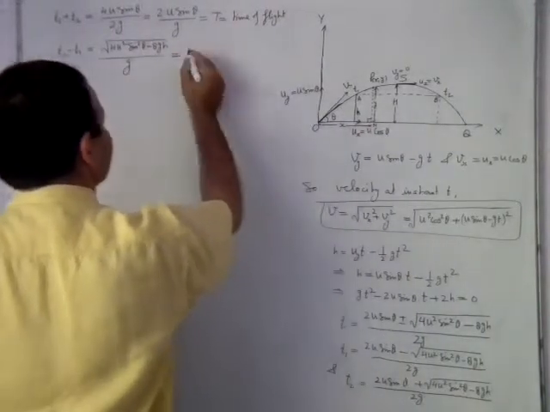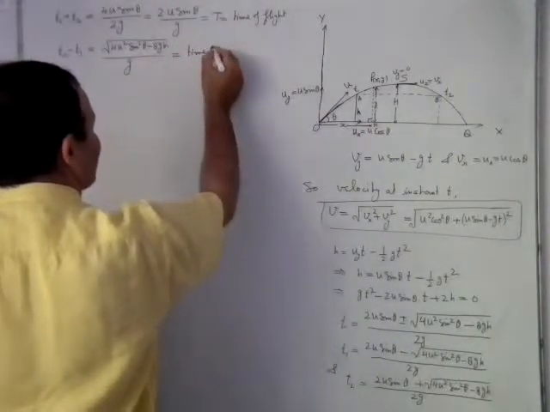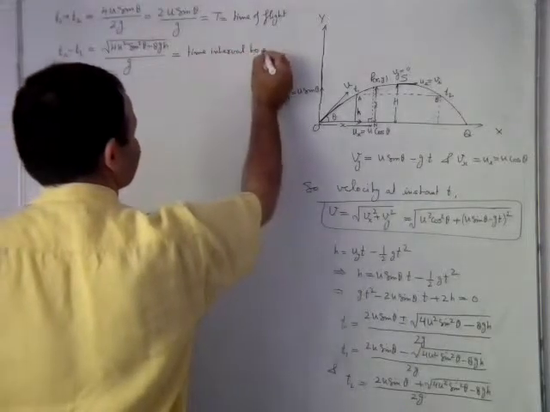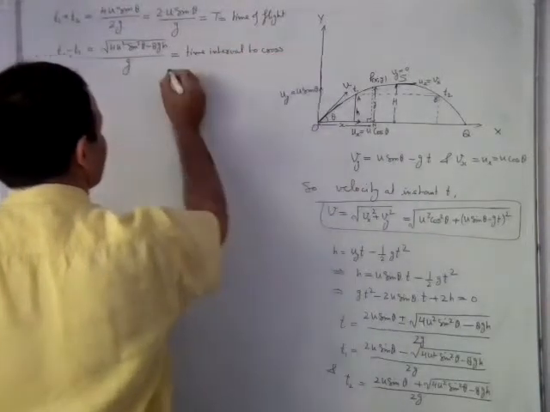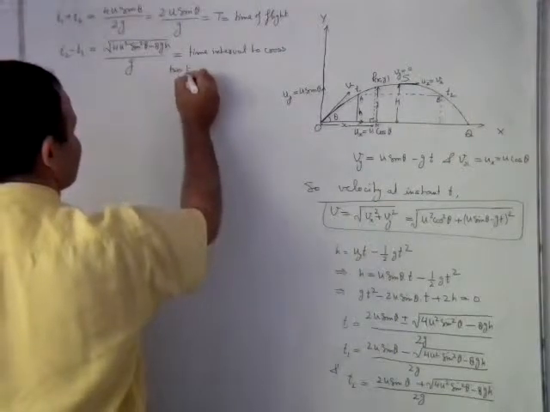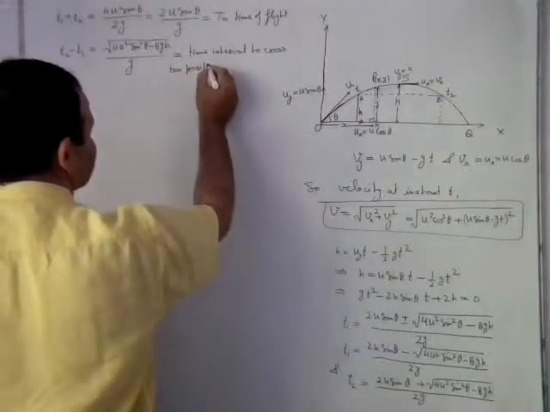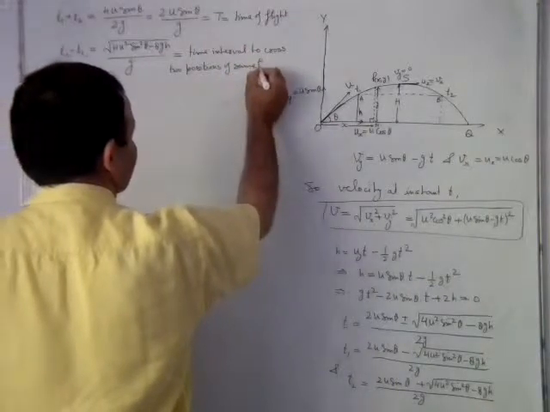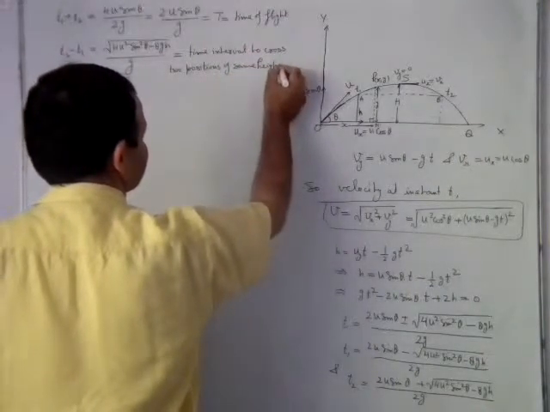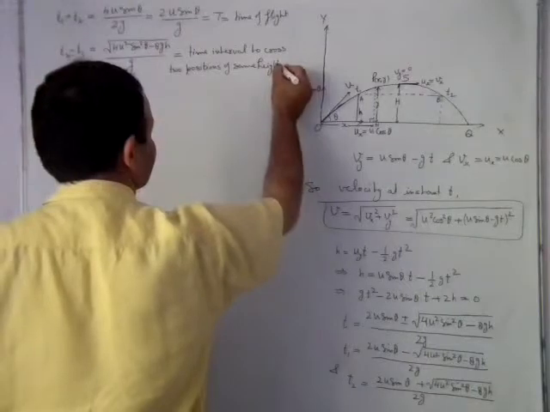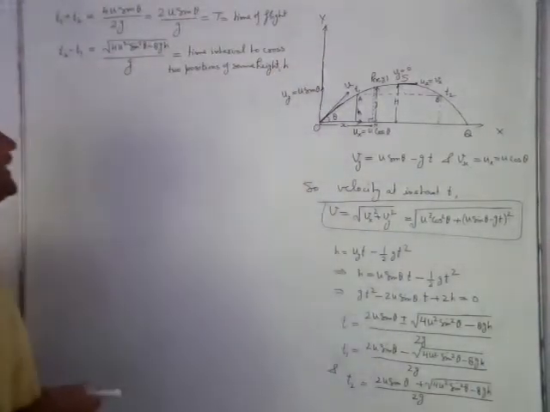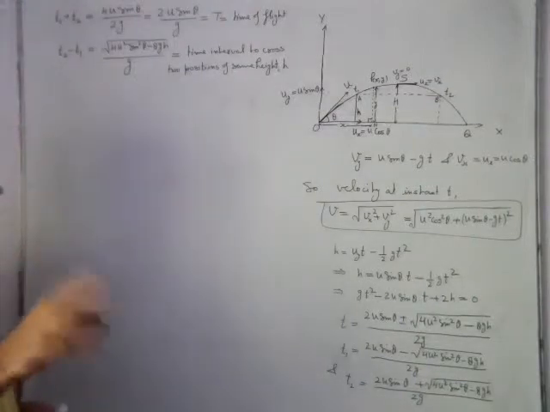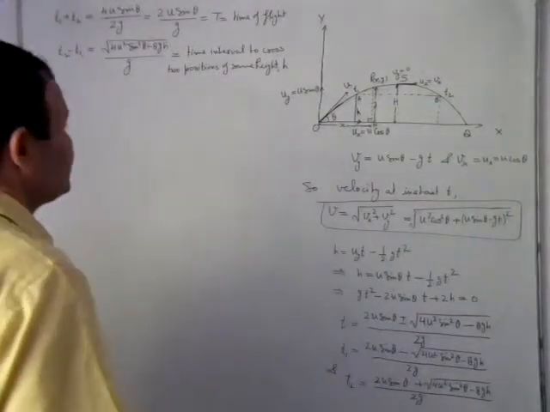Or directly we can write: time interval to cross two positions of the same height h. So it will give us the time interval for crossing two positions of the same height h.